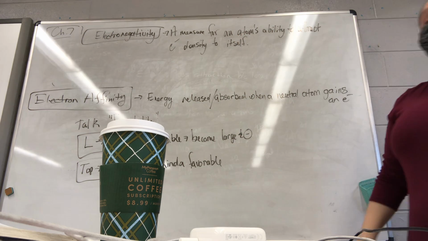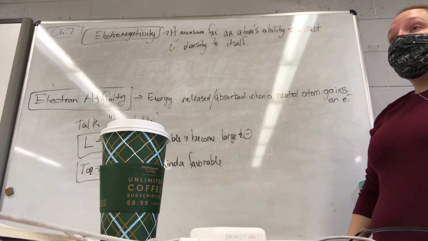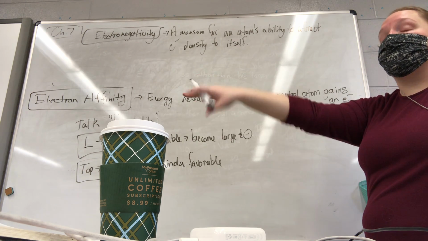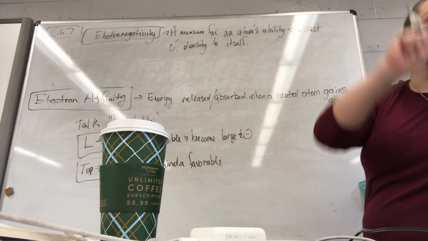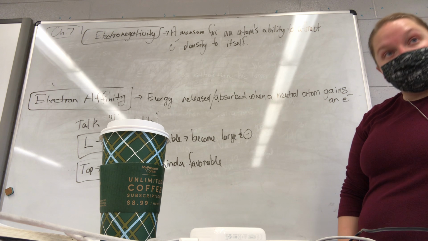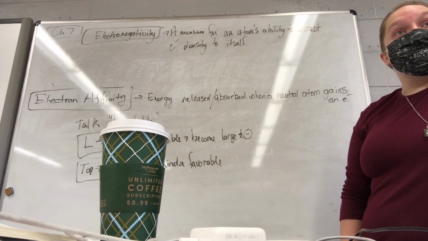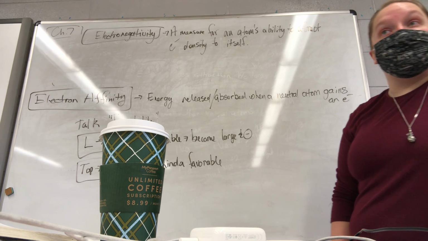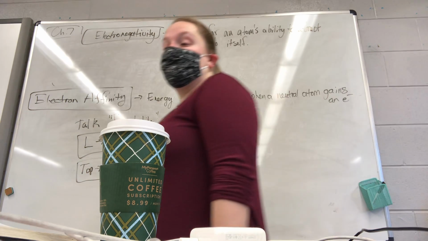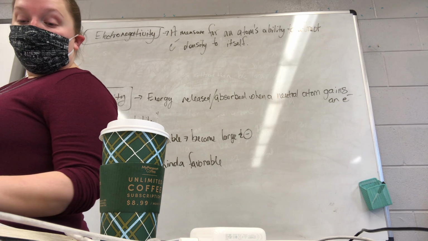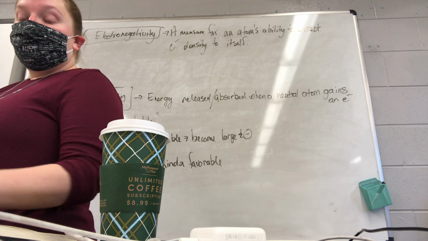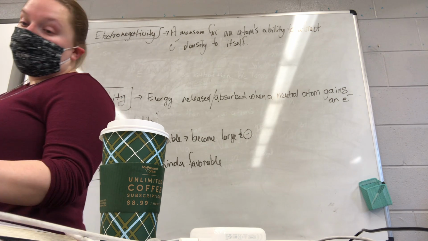Electronegativity is a measure of an atom's ability to attract electron density towards it. We say electron density because a lot of times we use electronegativity to determine if something is polar or nonpolar. We try to determine if a bond is ionic, polar, or nonpolar, depending on the electronegativity differences between two values. And this comes into play in our next chapter, which is chapter 8.